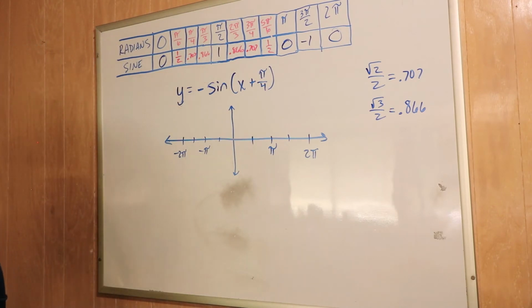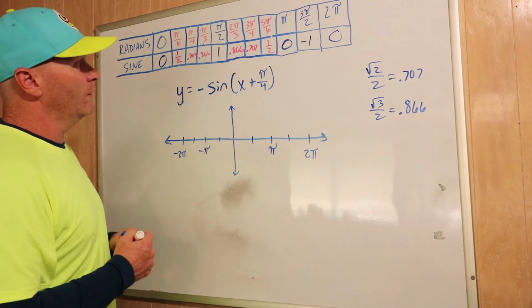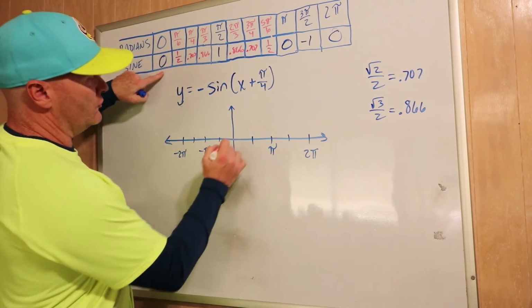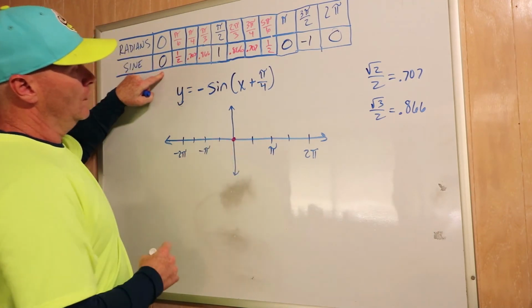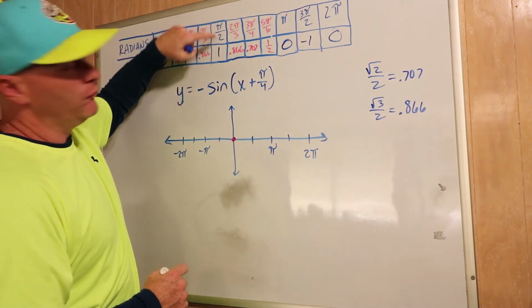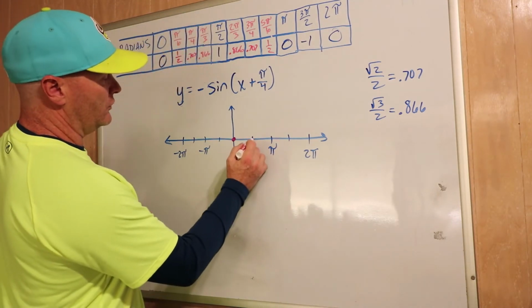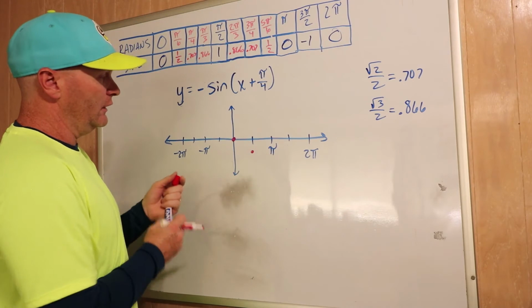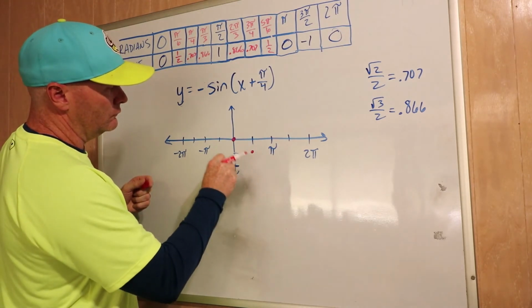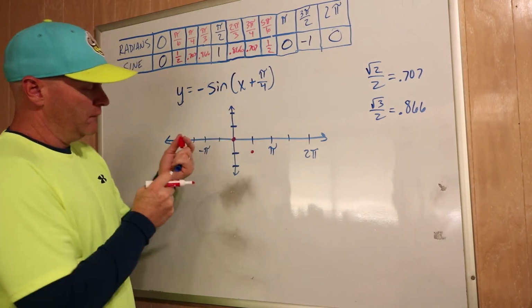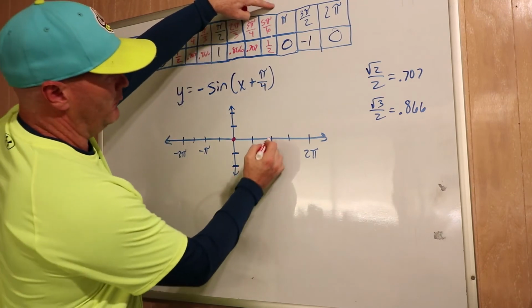So I'll do this one with red, and then we'll shift all the dots. So we got 0, 0. And then instead of pi over 2 positive 1, it's going to be pi over 2 negative 1. And then back to 0.